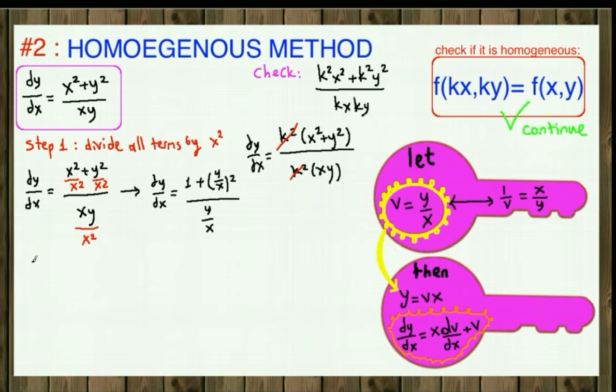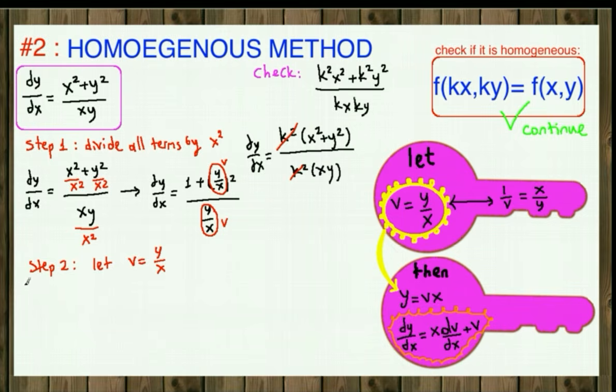So the second important step is let v be equal to y over x. Now we're going to do the v substitution. So this is going to be our v, and this is going to be our v as well. If we had x over y instead of y over x, then we would have to substitute 1 over v.